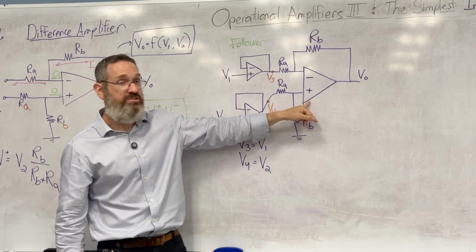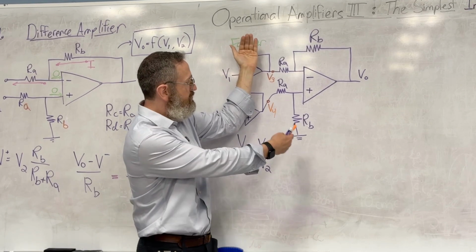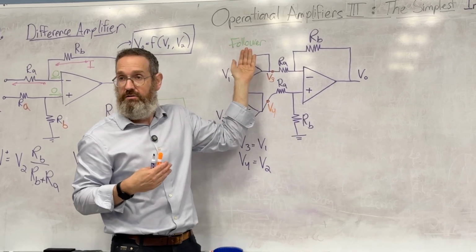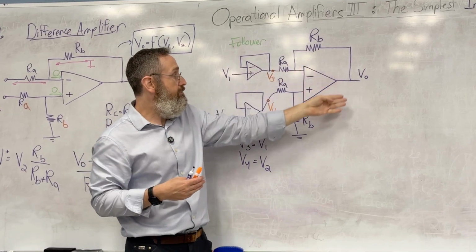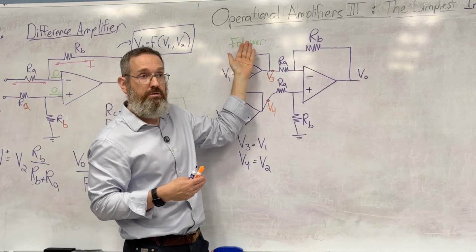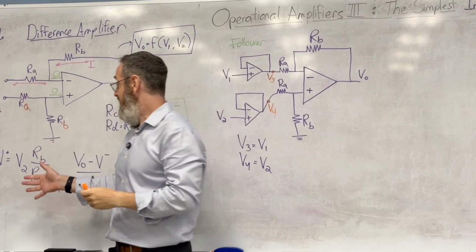And finally, we have this circuit. Now, this circuit is familiar to us because it is, of course, the difference amplifier. It's the same difference amplifier, and the same math applies as before. I have a voltage here and I have a voltage here, and I would run through the exact same thing again.